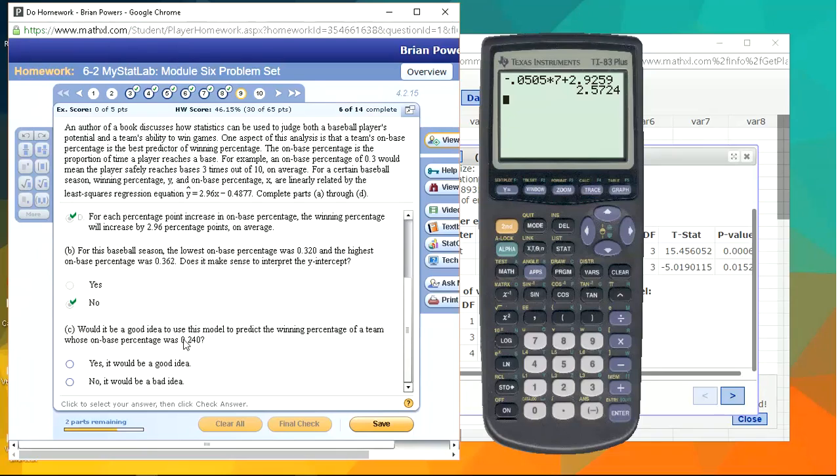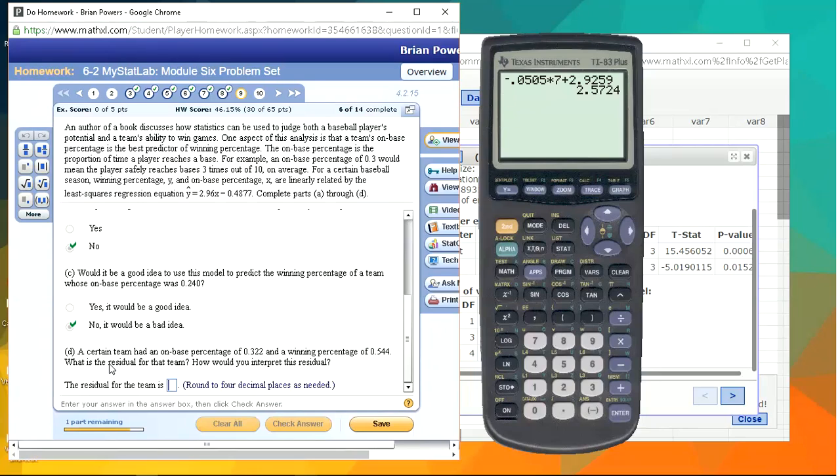So if somebody has an on-base percentage of 0.24, that's really outside of the range for our x value, so it would not be a good idea to use this model to try to predict their winning percentage, because that's extrapolating from our data set. It's not going to be a good idea.